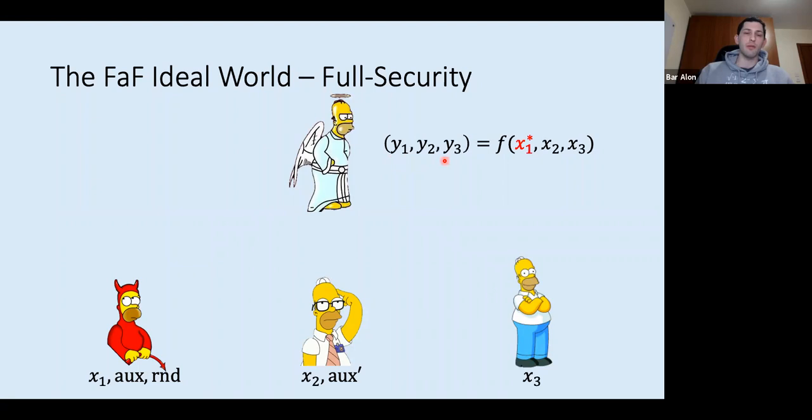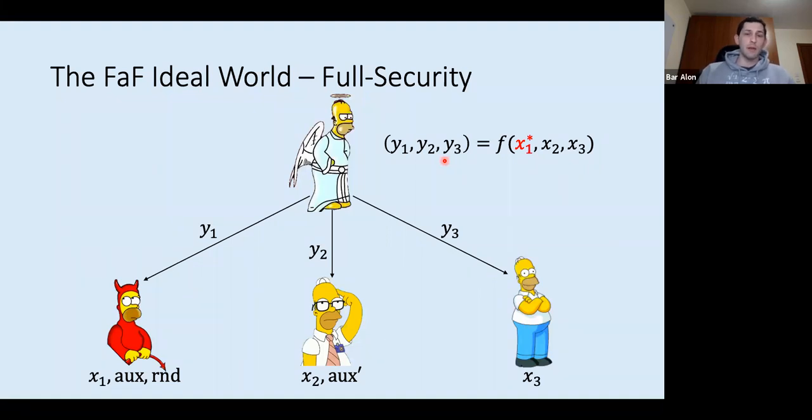It could be a different output for different parties. So based on that, he distributes the correct outputs to each of the parties. The first output to the first party, the second output to the second party, and so on. So up until now, nothing changed from the original definition. The ideal world, we did not modify it yet.